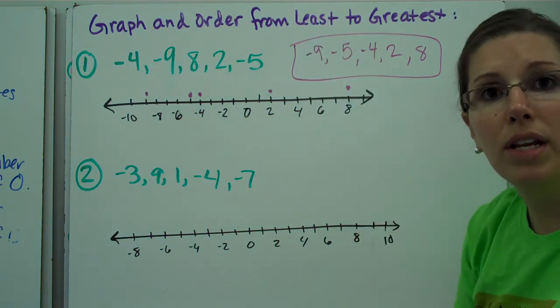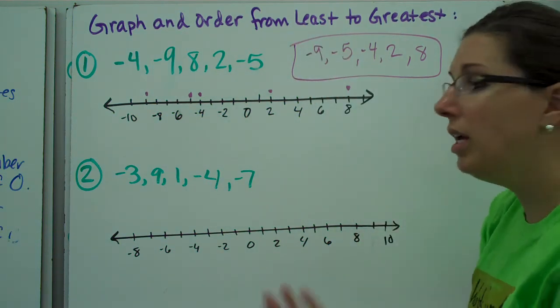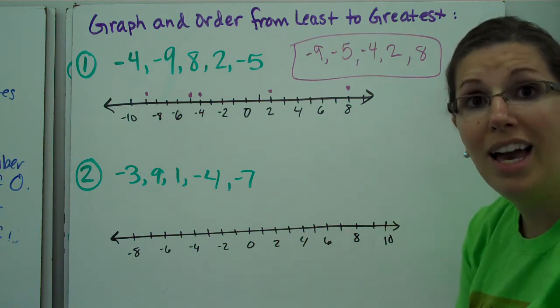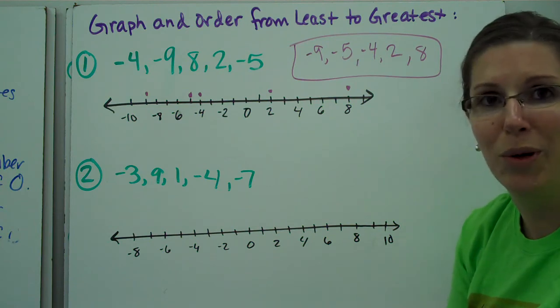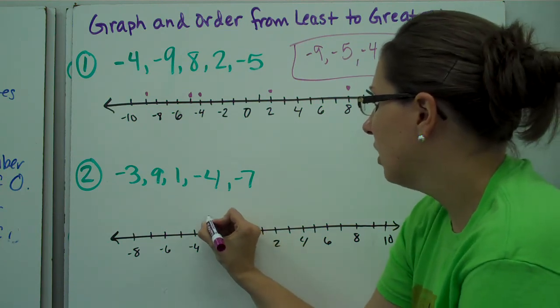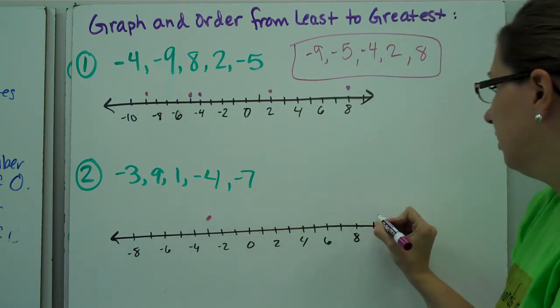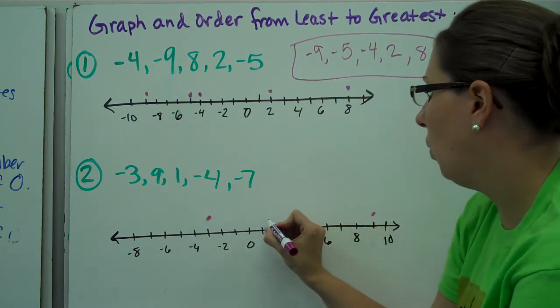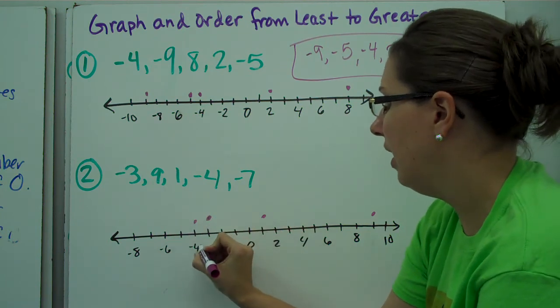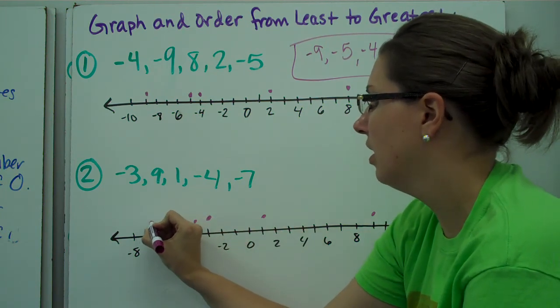Why don't you pause the video where it is, take a moment and answer this next question. When you're ready, push play and I'll do this for you on the board. Negative 3, 9, 1, negative 4, and then negative 7.